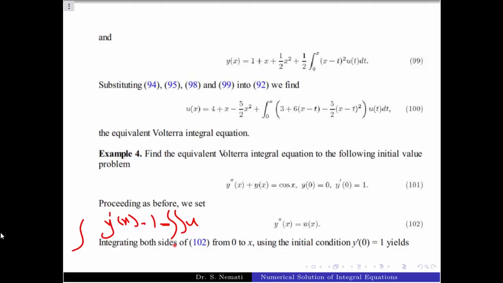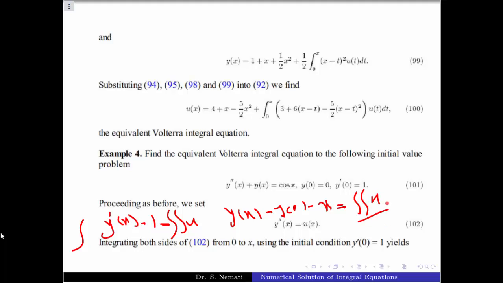And once again, I take the integral, so we have y of x minus y of 0 minus the integral of 1, which is x, equals the double integral of u.